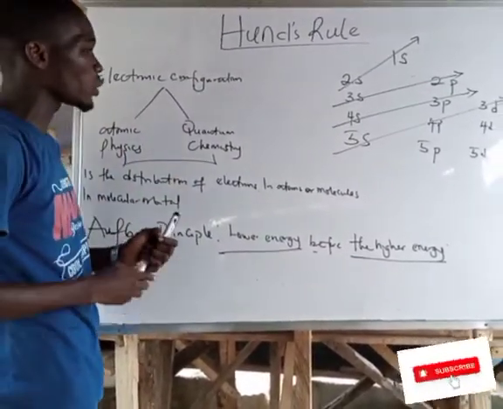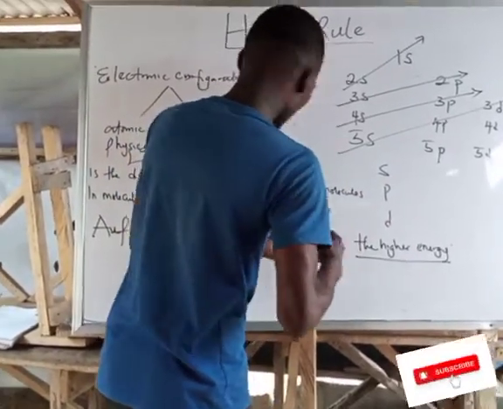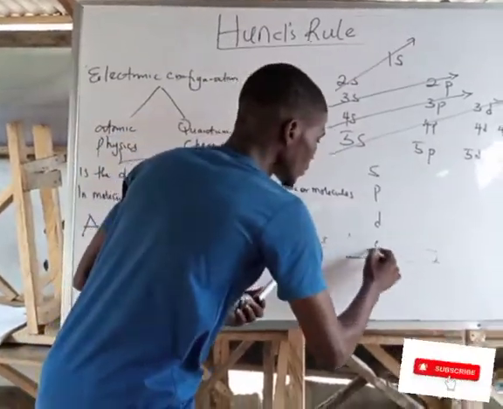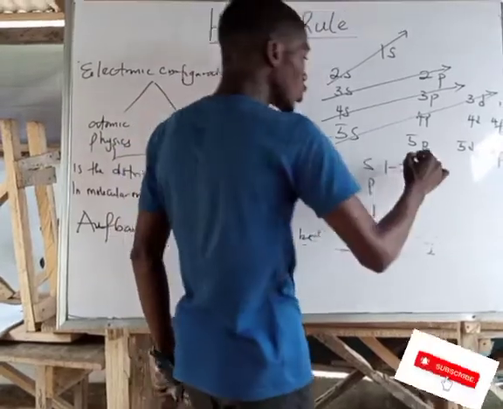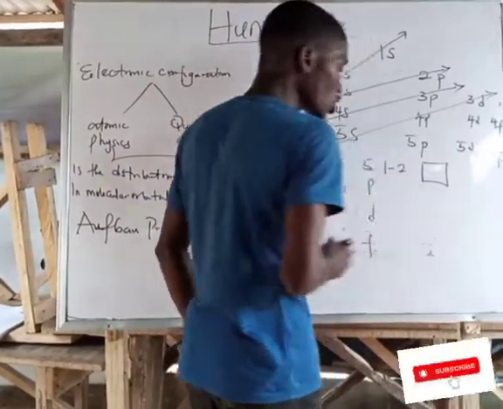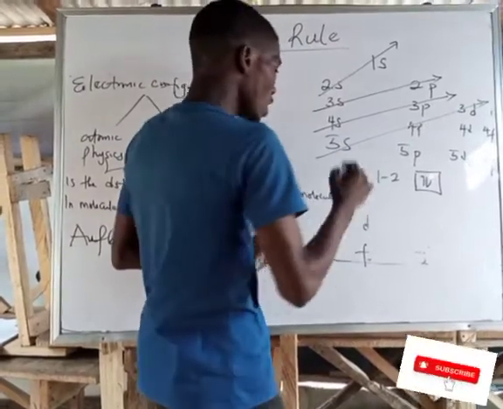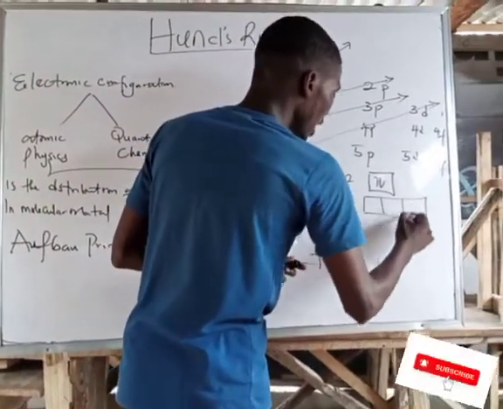And note one thing before we continue: we have what we call s, p, d, f. The s can only contain 1 to 2 electrons, so it generates one orbital. That's the 2 electrons.